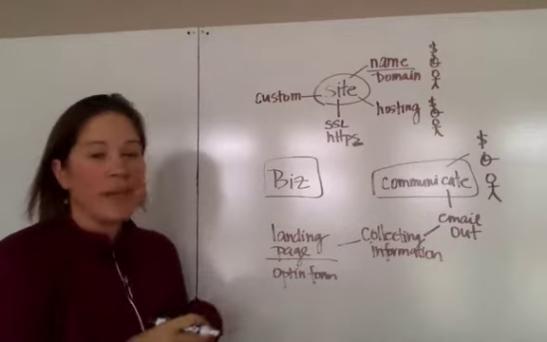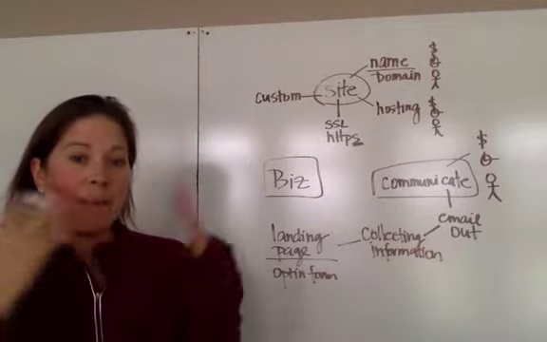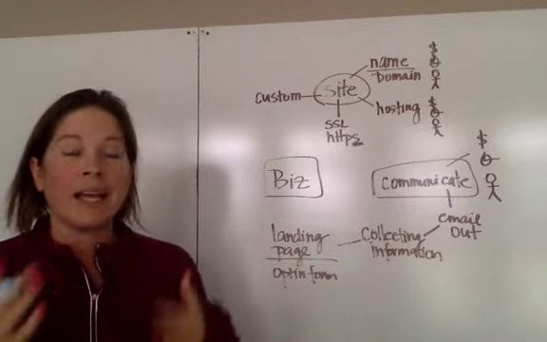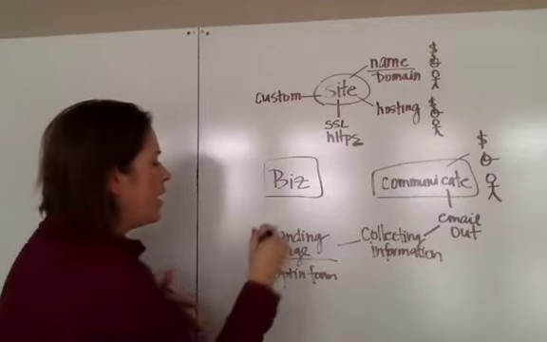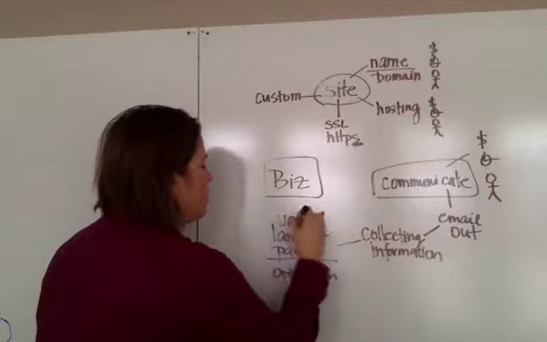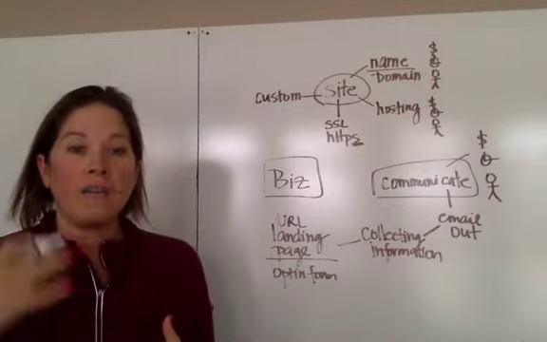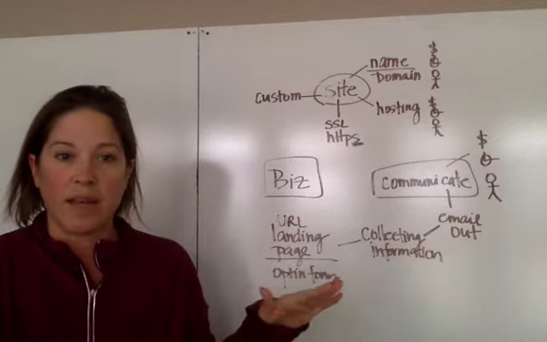So landing pages, if you're not familiar with that term, that is a page that I land on. If I type in a URL, if I click on a Facebook ad, if I click on an Instagram thing, it's sending me to a specific URL that has the functionality of getting my name and my email at a very basic level.